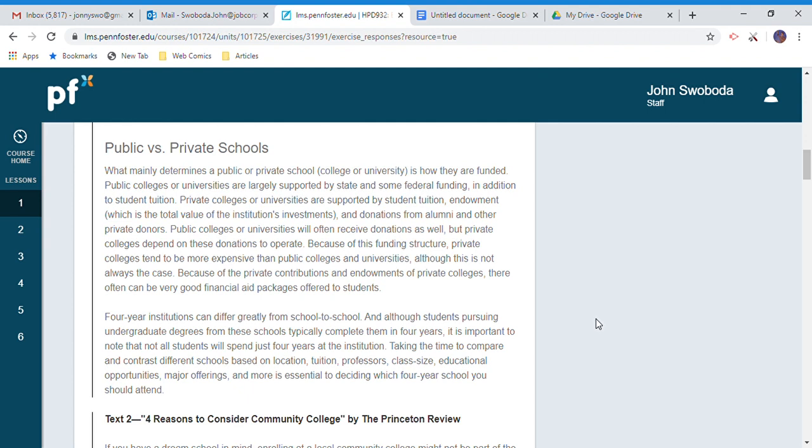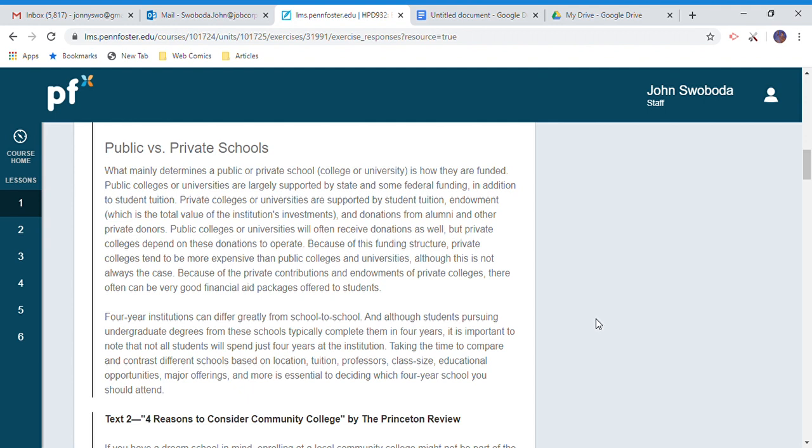Public colleges or universities will often receive donations as well, but private colleges depend on those donations to operate. Because of this funding structure, private colleges tend to be more expensive than public colleges and universities, although this is not always the case. Because of the private contributions and endowments of private colleges, there often can be very good financial aid packages offered to students.